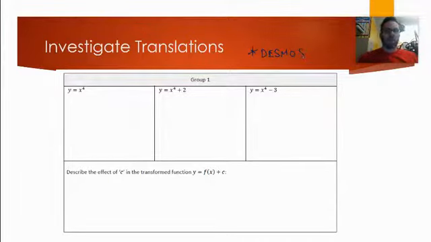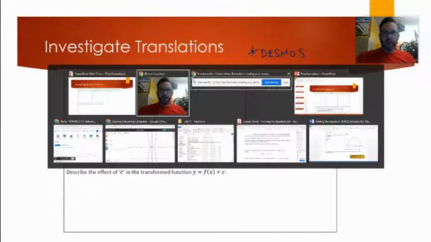You can pause the video, graph the functions, describe the rule on your own, and then we'll come back together, talk about what the three graphs look like, and describe the effect together. So I'll assume you've tried it and you're ready to go.